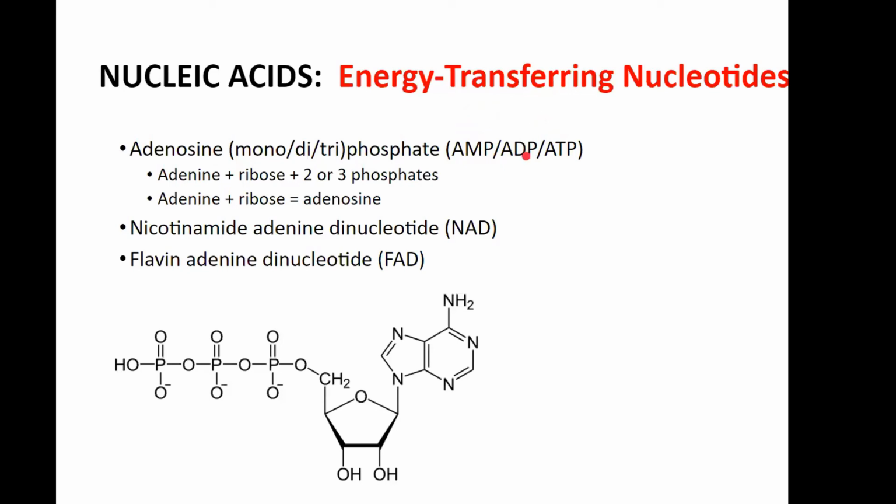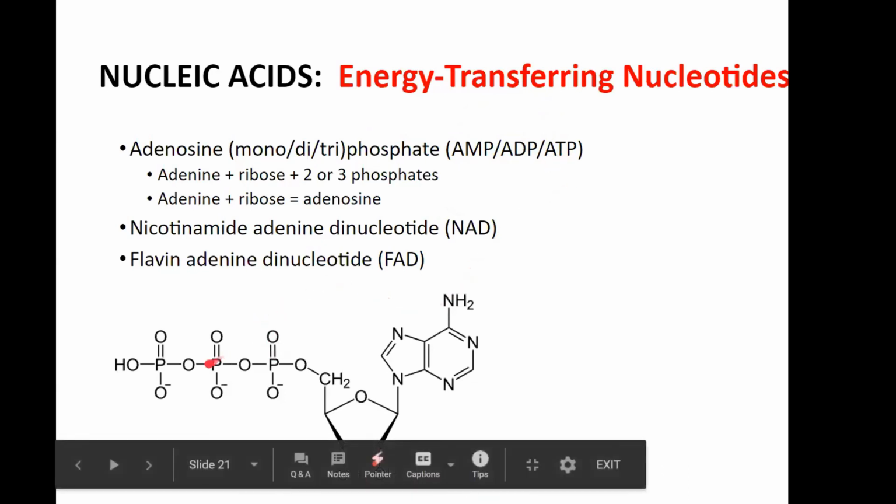But we will see a lot of ADP, adenosine diphosphate, okay? So that's going to be one of our precursors to ATP, because AMP, ADP, and ATP are all grouped together because we're just listing how many phosphate groups there are attached to this molecule.